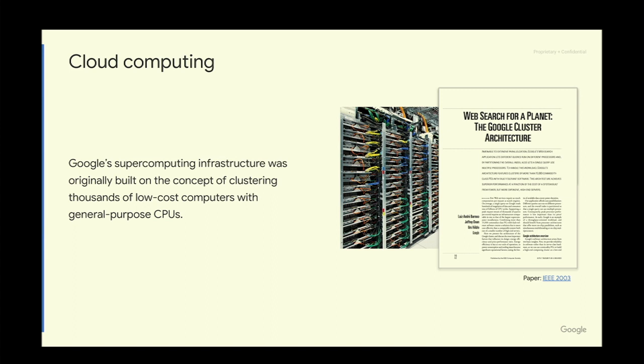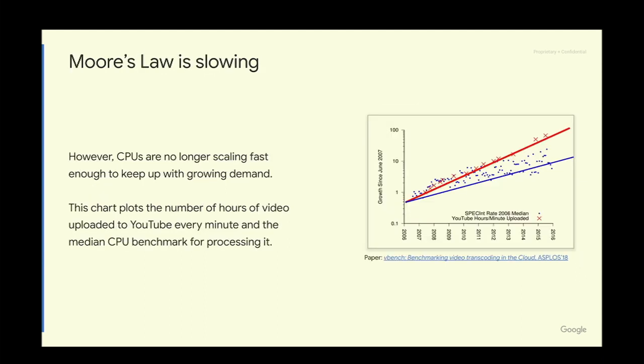Everything runs on one giant cluster computer of regular processors. There's a well-known paper about how that all came together back in 2003, and this has worked out well for us for the last 20 years without too much issue.